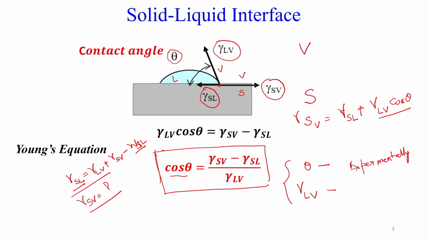So, what we are saying, experimentally we can measure the contact angle, experimentally we can measure the liquid vapor interfacial tension, and all three are related using the Young's equation.